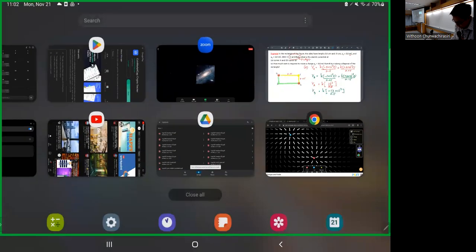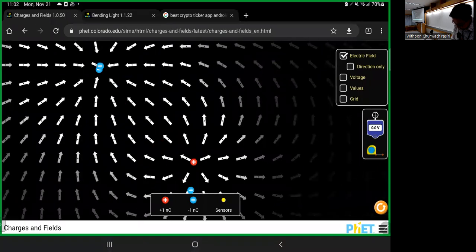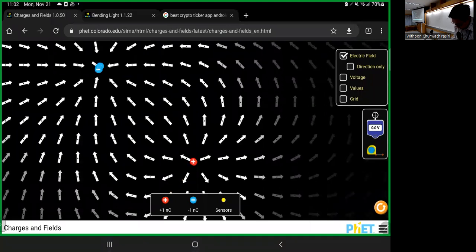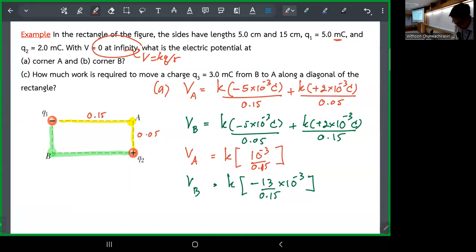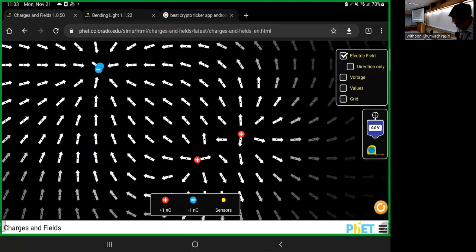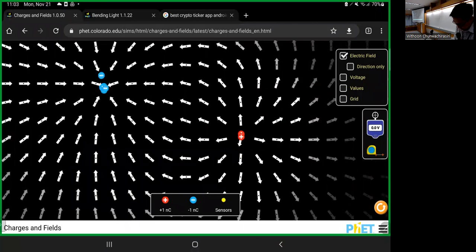Let me put 5 there. 3, 4, 5. Am I doing the positive and negative correctly? Q2 is positive. Okay, very good. So this is what happened, and I put it in a rectangular form. Approximately, this is going to be pretty close. So this is it. The upper left corner is -5, and the lower right corner is +2.